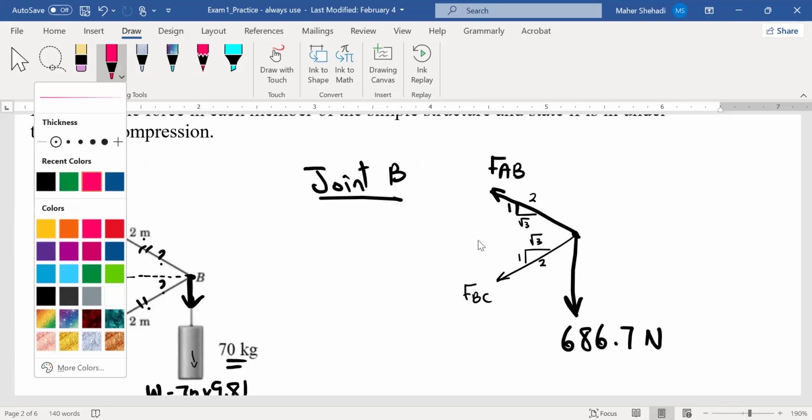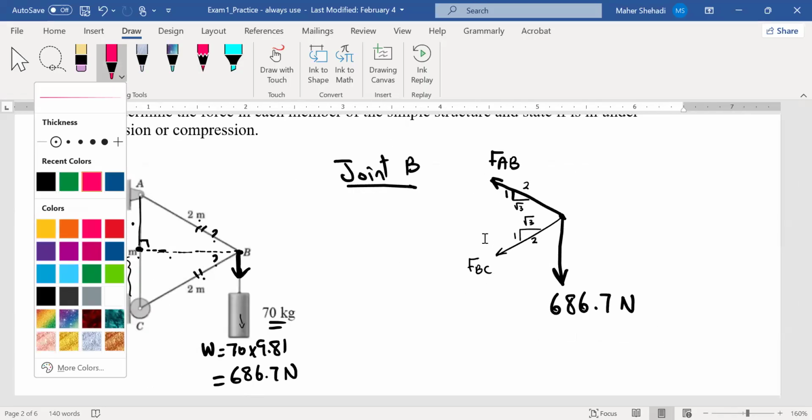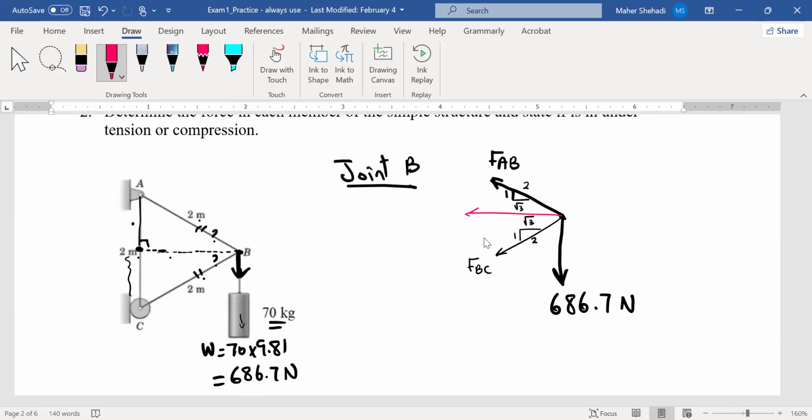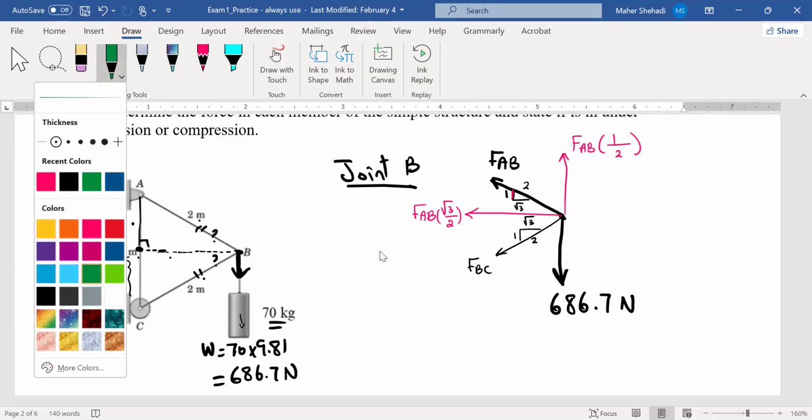Let's now decompose those. Let's now zoom out. So I have FAB. That's this force. The x component is square root of 3 divided by 2. And FAB, that's the y component, 1 over 2. The same way we can do FBC.